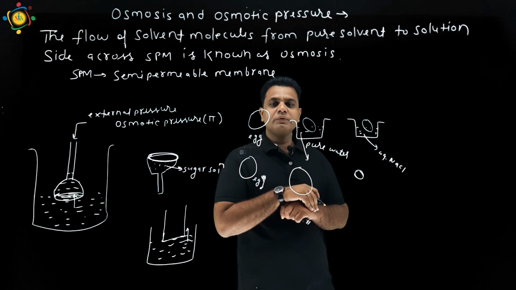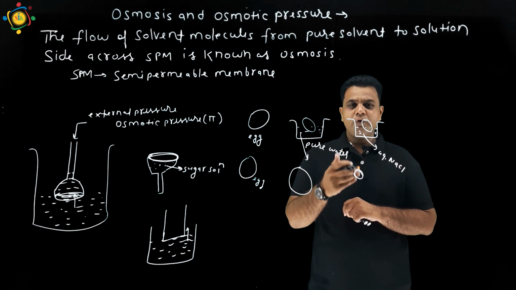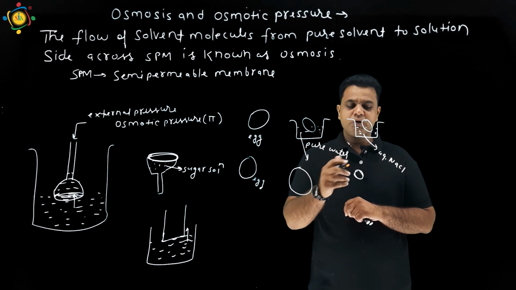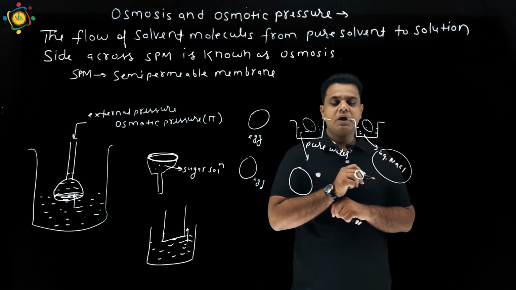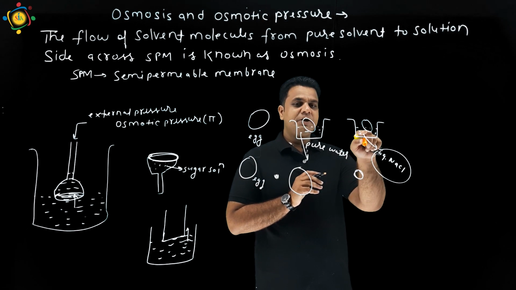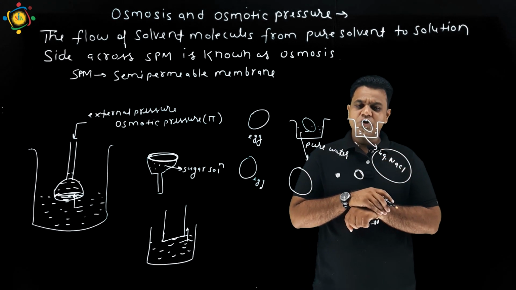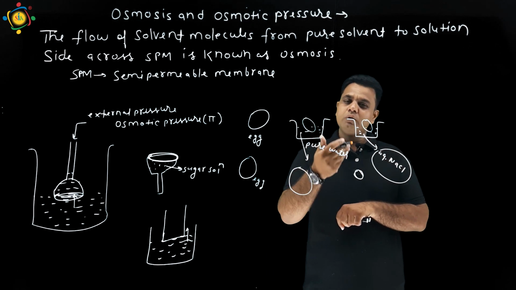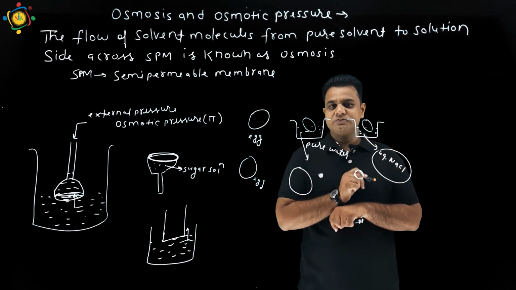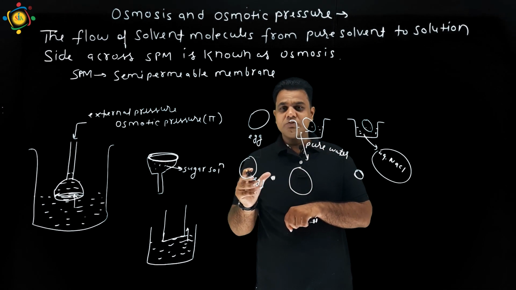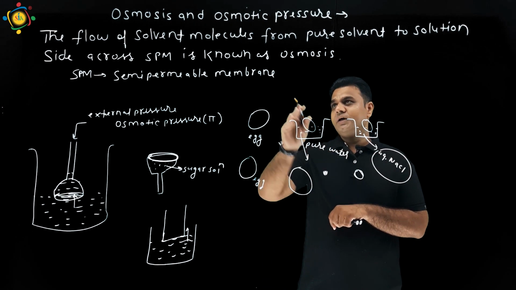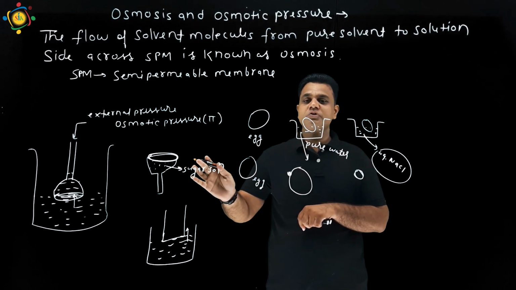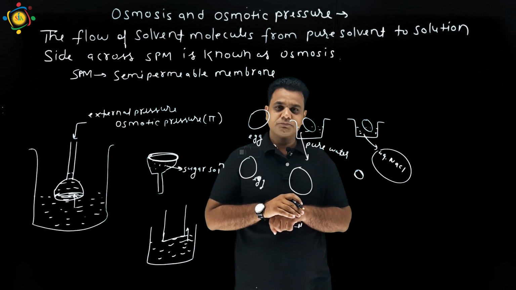But in case of aqueous sodium chloride solution, the flow of pure solvent water takes place from in to out, because aqueous NaCl has less water as compared to the inner part of the egg. So osmosis takes place from inside to outside. That's why the egg shrinks. So this is the whole process known as osmosis, and the excess pressure applied on the solution side to stop the osmosis is known as osmotic pressure.